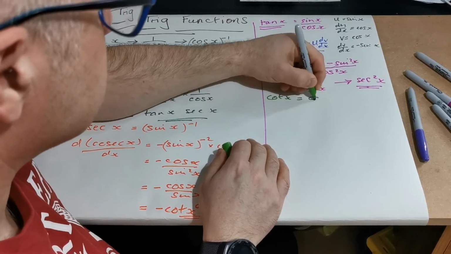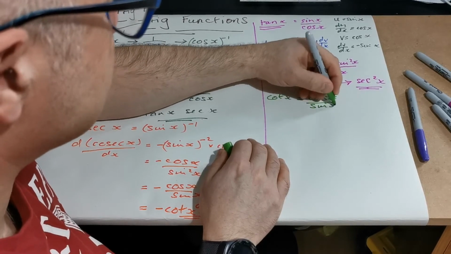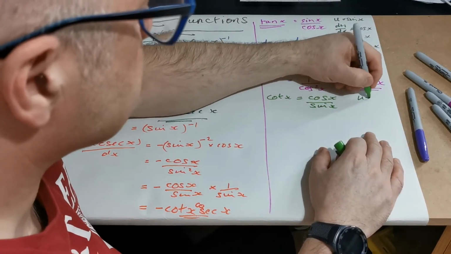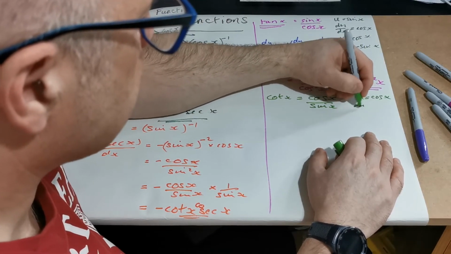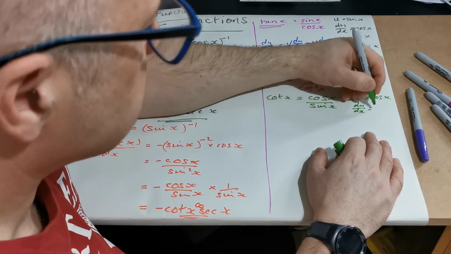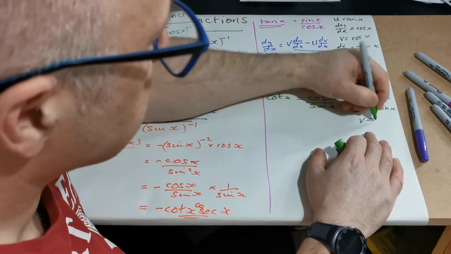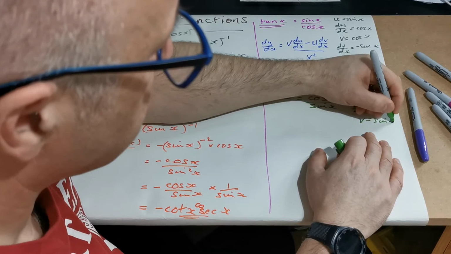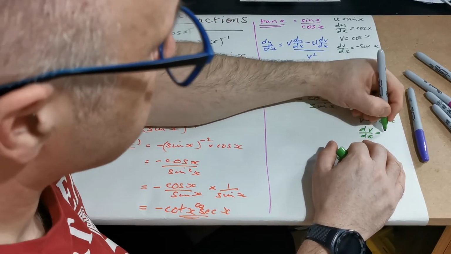Now let's look at cot x. That equals cos x over sine x. This is 1 over tan. So u is equal to cos x, du by dx is equal to minus sine x, v is equal to sine x, dv by dx is equal to cos x.